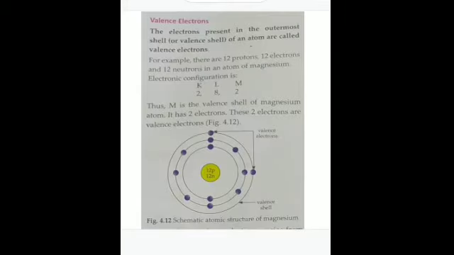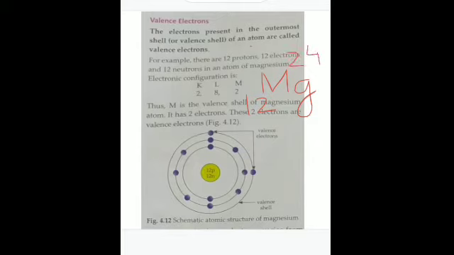You can see the atom of magnesium over here. Magnesium has the symbol Mg, atomic number 12 and mass number 24.